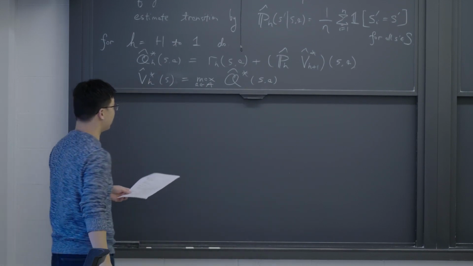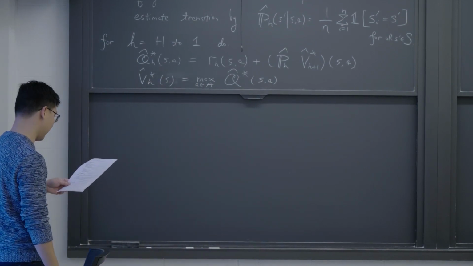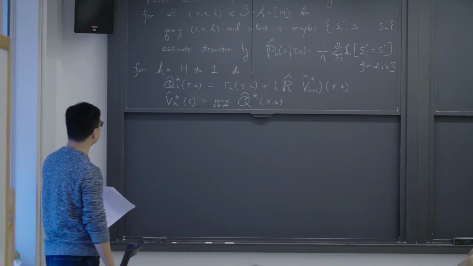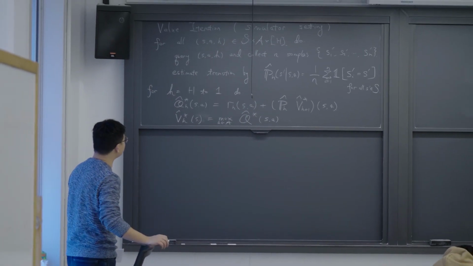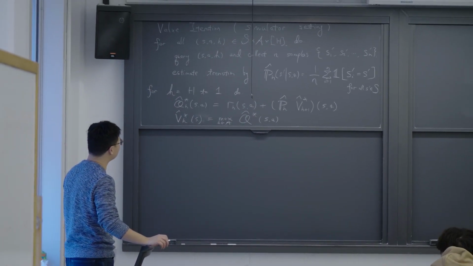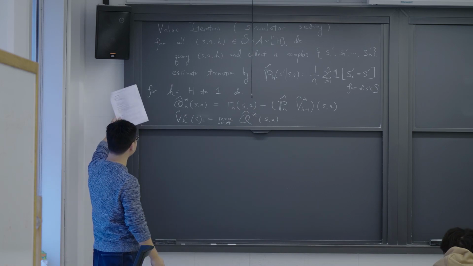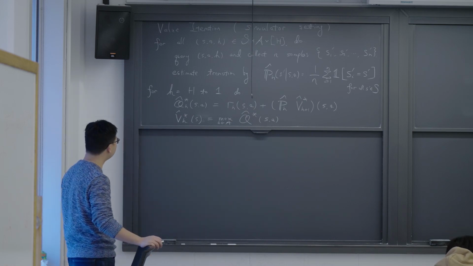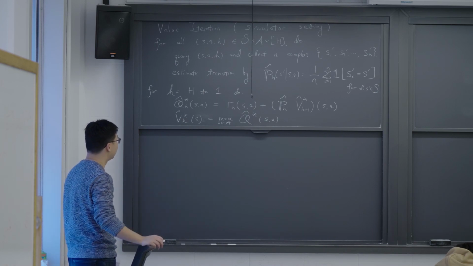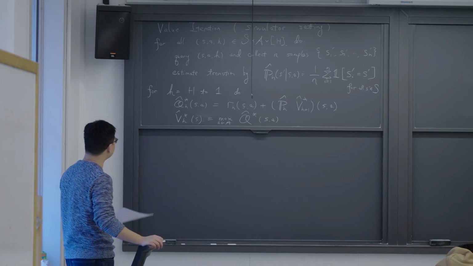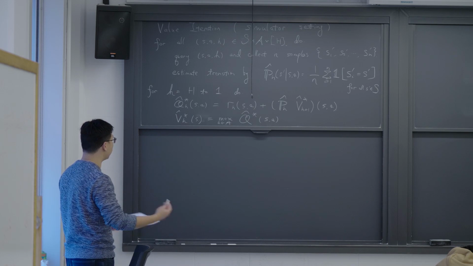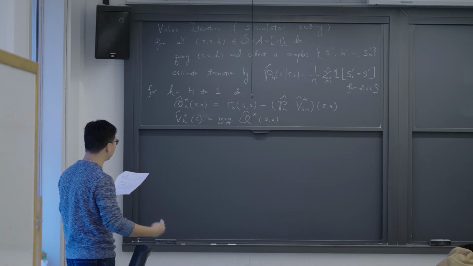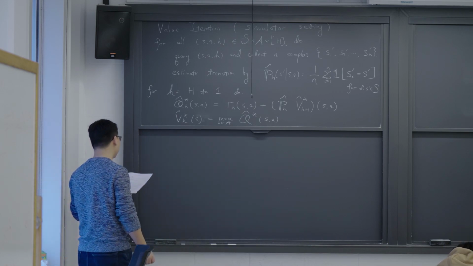So we talked about this at the very end of the last lecture. The VI algorithm in the simulator setting is composed of two components. The first component is that we use the first for loop to estimate the transition P, so we get P hat as our estimate. The second for loop is just the standard Bellman optimality equation, where we use dynamic programming to compute the optimal value.